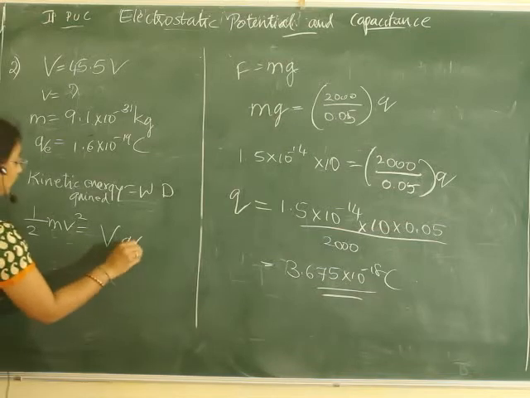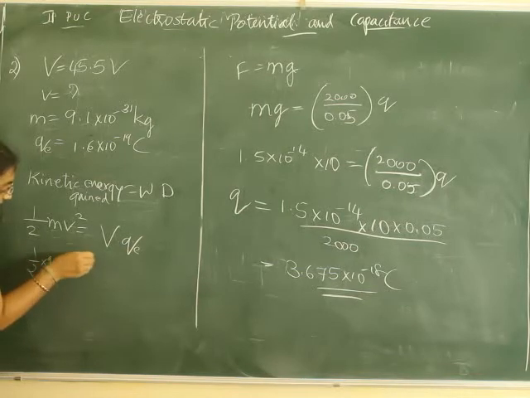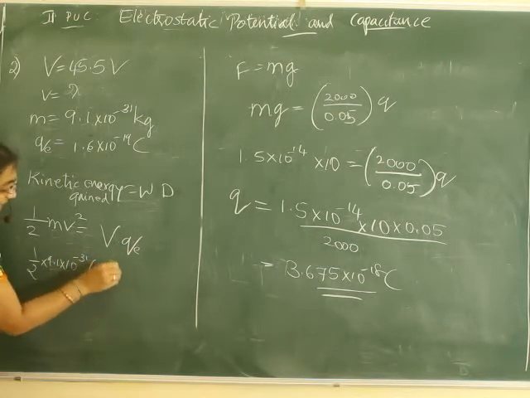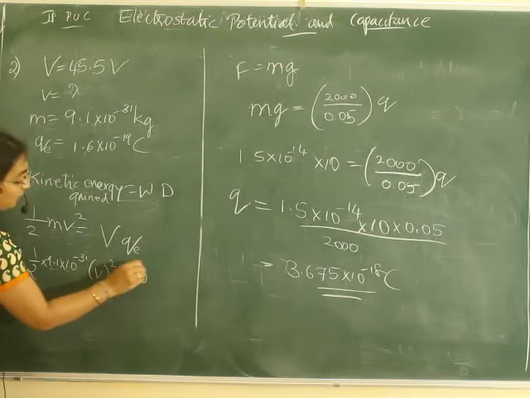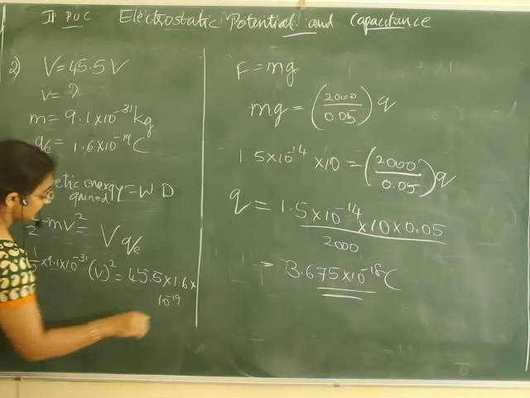Now it is an electron. Okay. Half into 9.1 into 10 to the power minus 31 into v square is equal to 45.5 into 1.6 into 10 to the power minus 19.